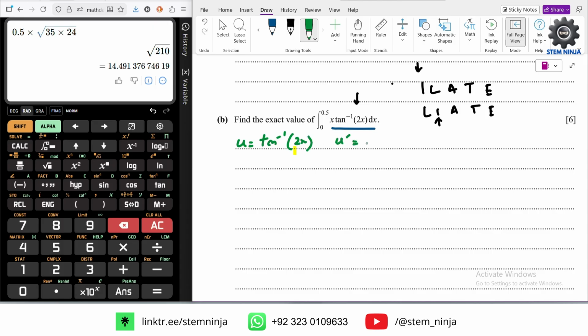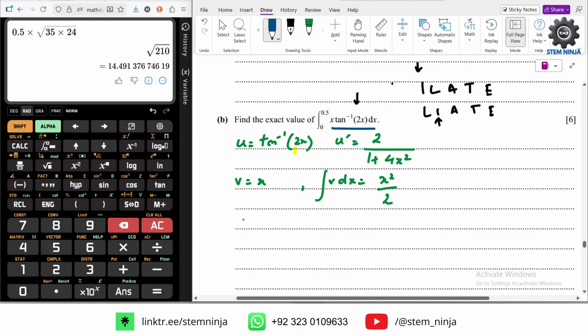So u prime would be 2 over 1 plus 2x whole squared, so 4x squared. Chain rule, right? So v is your x, and the integral of v dx is, what was it? x squared over 2.